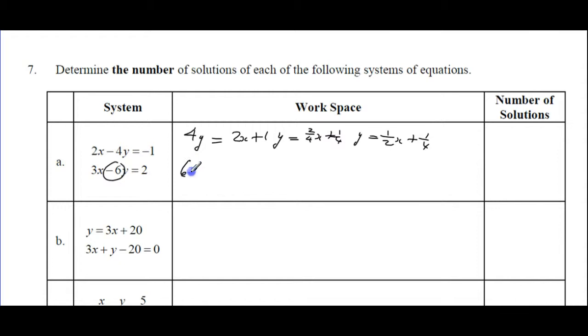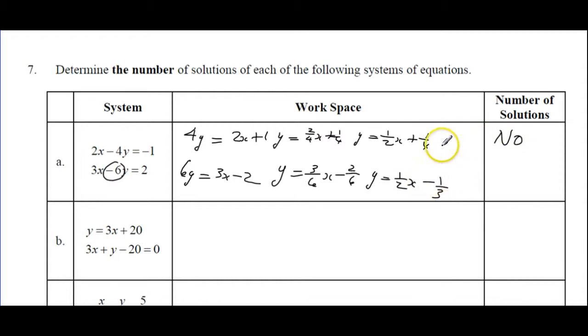So 6y is equal to 3x minus 2. Y is equal to 3/6 x minus 2/6. Y is equal to 1/2 x minus 1/3. This has no solutions, right? Because these lines are parallel.